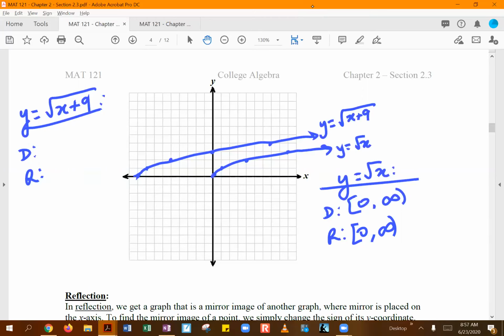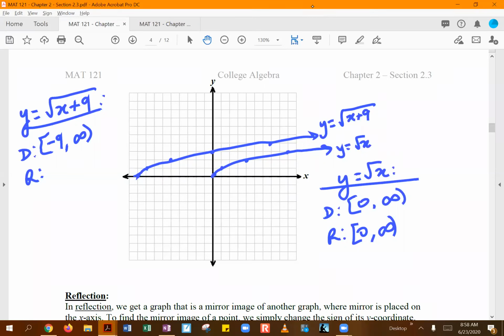Very nice, Julian. Since our function is moving 9 units to the left, you can see my second function is starting at -9 on the x-axis, and it's going to the right, which means it's still going towards positive infinity. So your domain will now start at -9, going towards infinity. Very good. And what about the range?